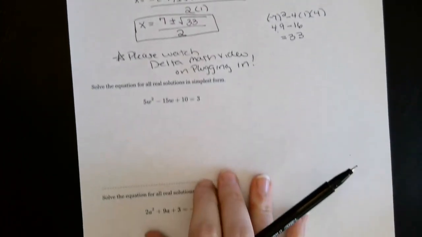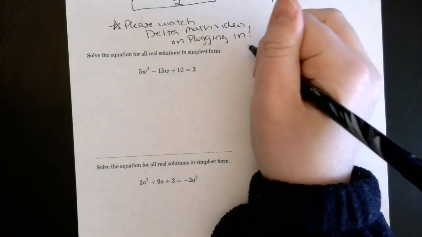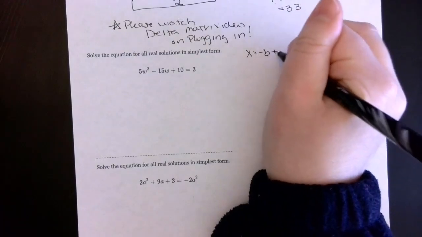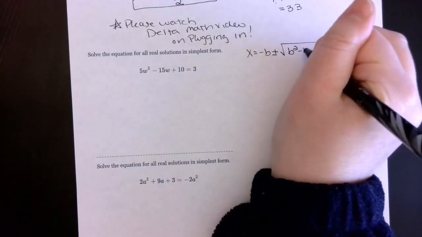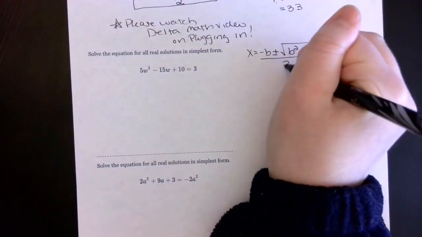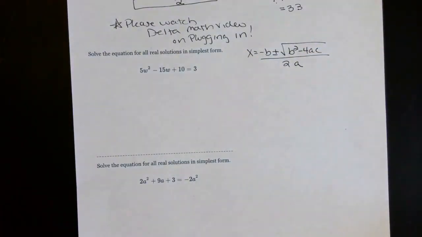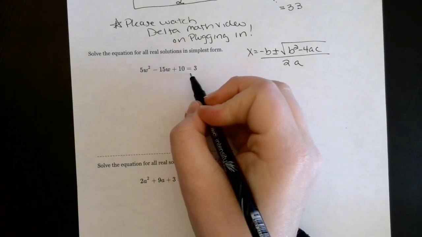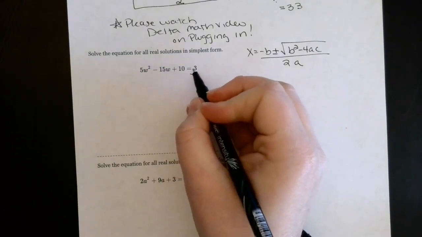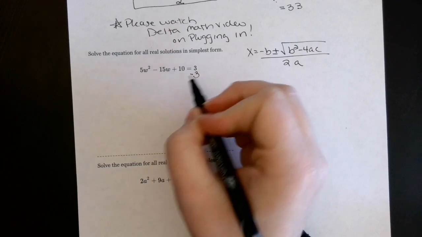Alright, let's try another one together. I'm going to rewrite the formula right here. First thing is to see if it's in standard form. It is not. It's not equal to 0, so I need to subtract that 3 over. Since it's a positive 3, I need to do the opposite.